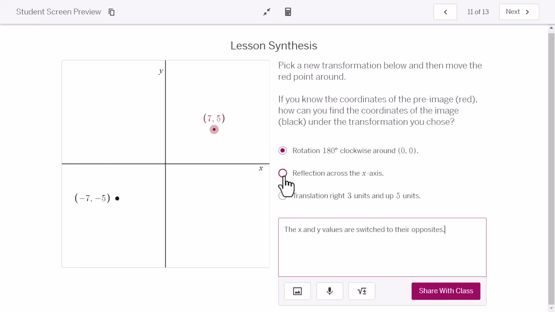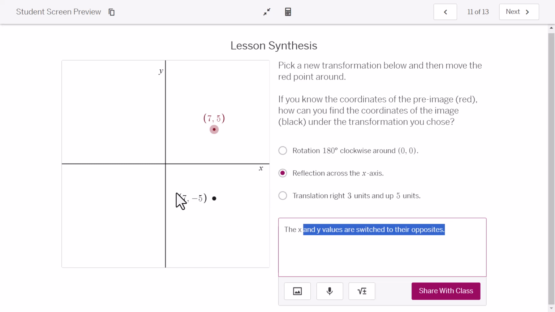If I wanted to do a reflection across the x-axis, I could say that the x values stay the same and the y values become the opposites.